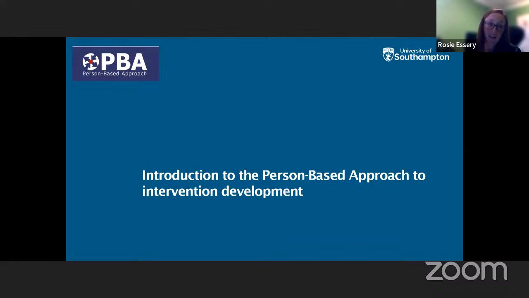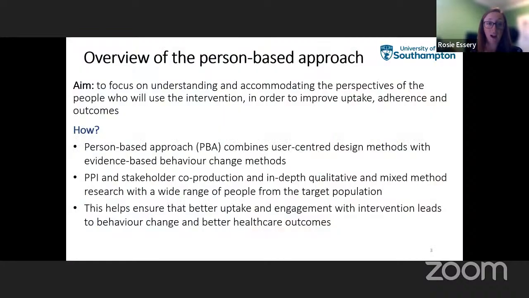So to get started, I want to give you a general sense of what the person-based approach is. It's a collection of research tools and techniques which together aim to facilitate a really in-depth understanding and appreciation of the needs and the preferences and the context in which the intended users of your intervention are living, so as to really be able to maximise the relevance of the intervention content that you develop and how persuasive and interesting it is to those people.